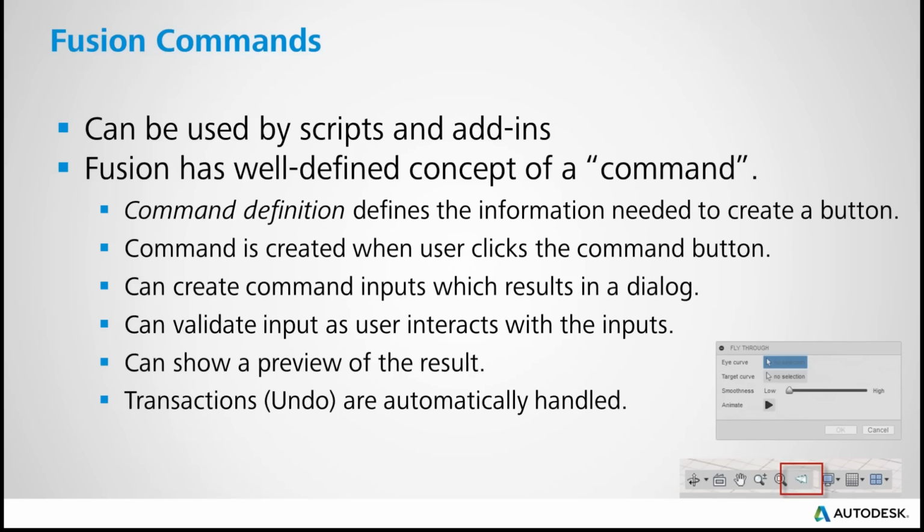And once it's all done and the user clicks OK, then you create whatever that command is supposed to create, and Fusion automatically knows that all of that API as part of this command gets grouped together into one undo operation. It's all automatic. You don't need to do anything special for that. So it makes it fairly easy to build and interact with what can be a fairly complex command.